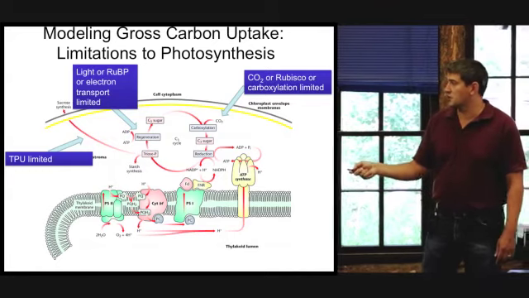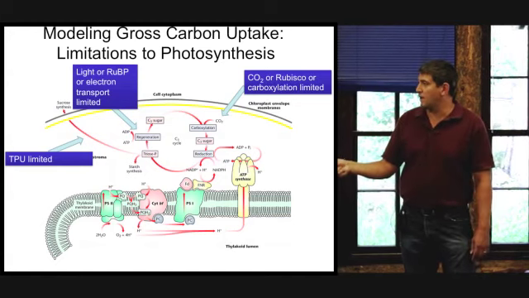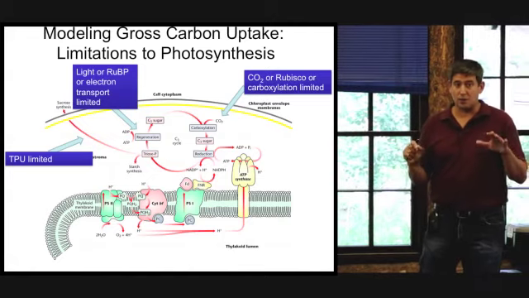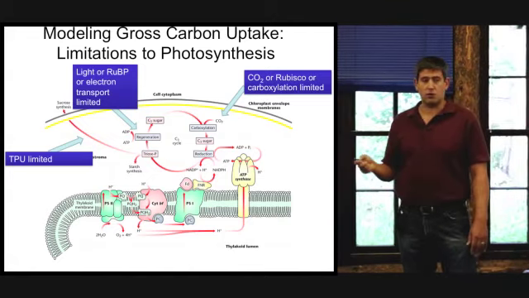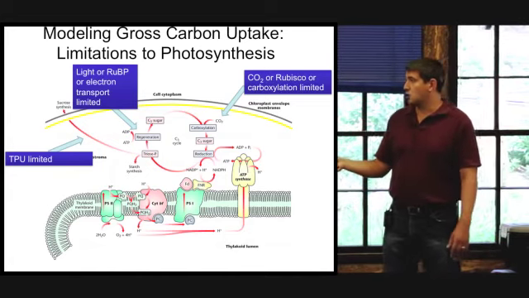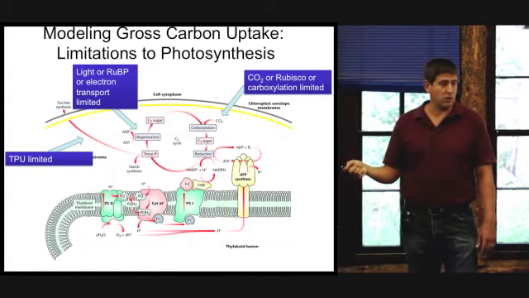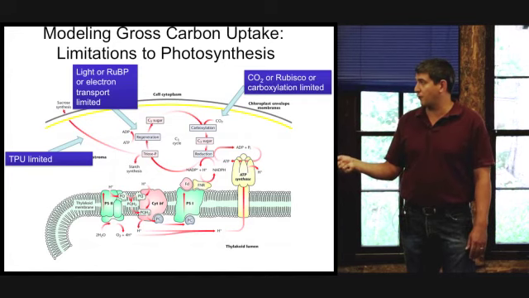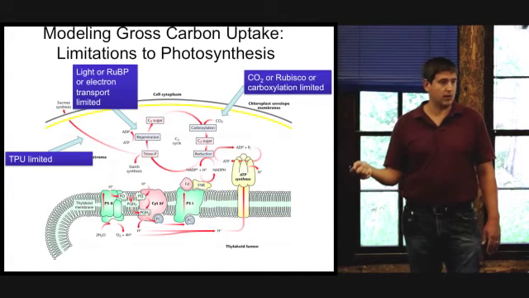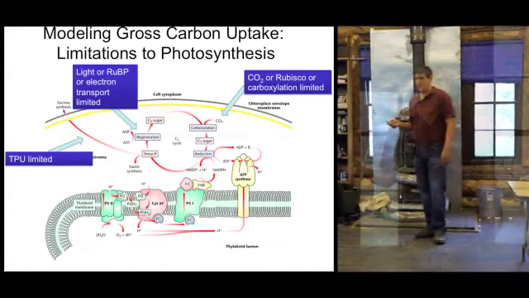If it turns out that photosynthesis is going so fast that there are a lot of triose phosphates accumulating, and the ability of the plant to take these triose phosphates and convert them to starch or sucrose isn't able to keep up with the rate with which triose phosphates are forming, then you end up becoming inorganic phosphate limited. So you're limited by how much phosphate is present in the leaf to drive ATP formation. If there's not a whole lot of free phosphate floating around, ATP formation slows down, your Calvin cycle slows down. We call that TPU-limited photosynthesis.